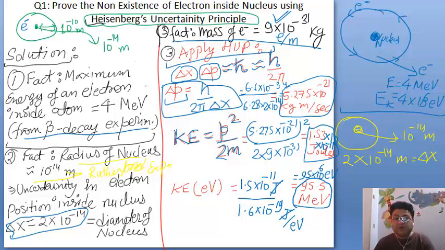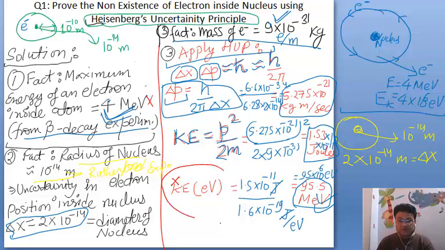Now if you compare this 95 mega electron volt with the fact that the maximum energy that an electron can have inside an atom is 4 mega electron volt, these are not supporting each other. These two facts are contrary to each other. So either this is wrong or this is wrong.